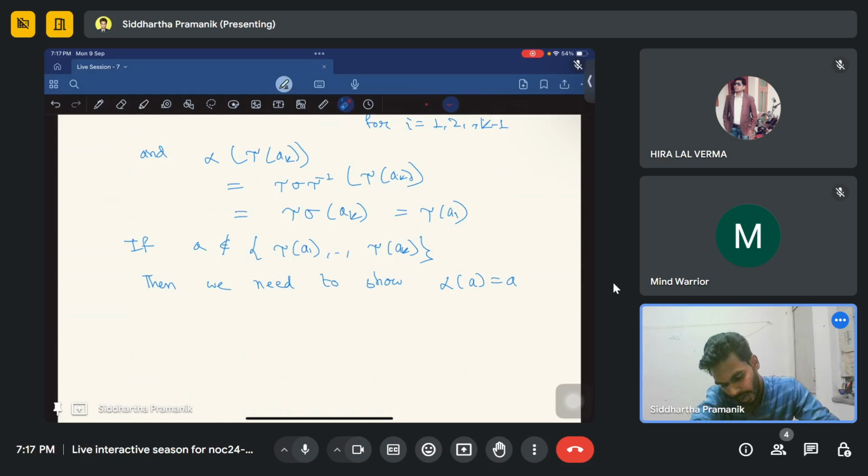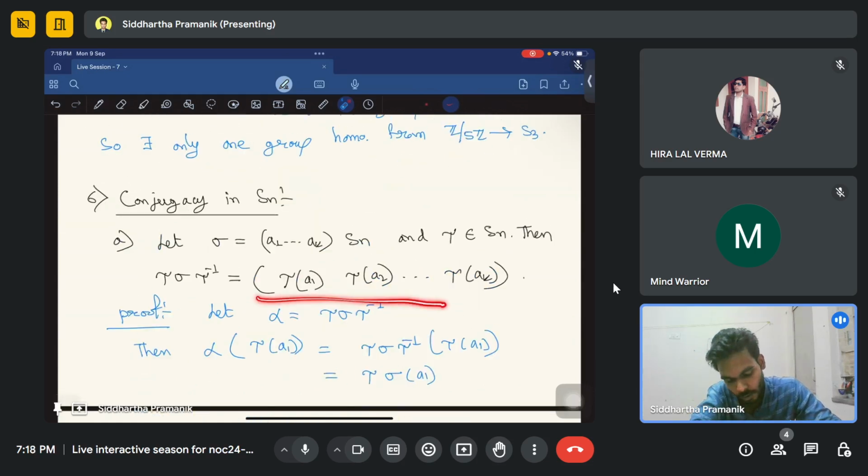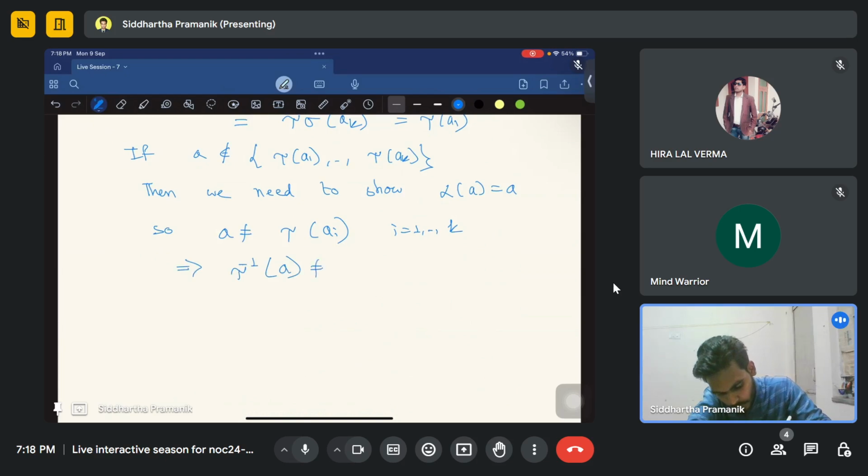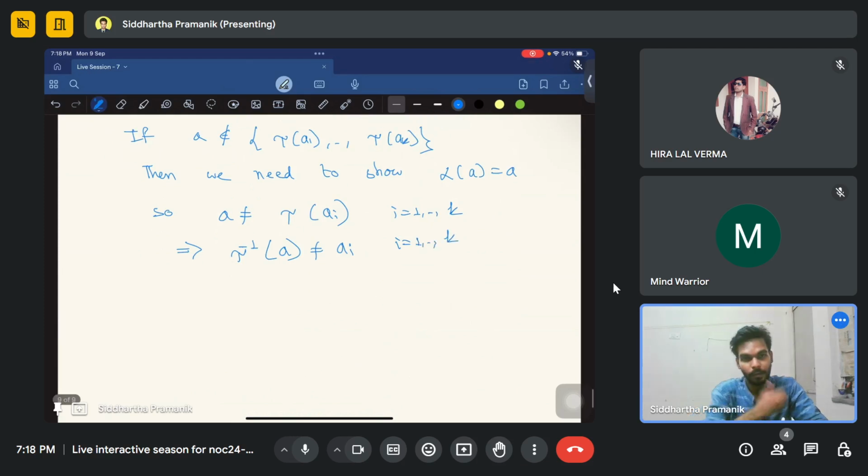Then only will alpha be a k cycle of this form, right? So a does not belong to this set. What does it mean? That means a is not equal to tau of ai for i equals 1 up to k. That implies tau inverse of a is not equal to ai for i equals 1 up to k.